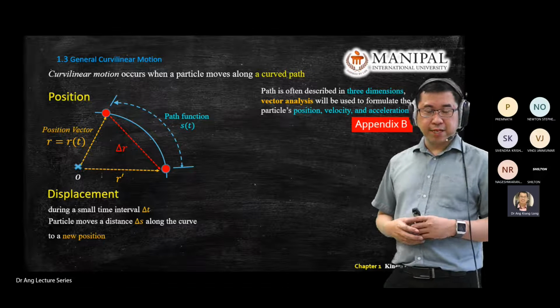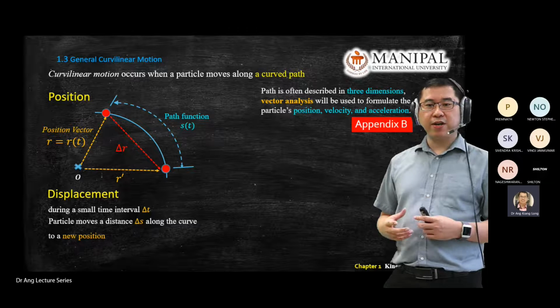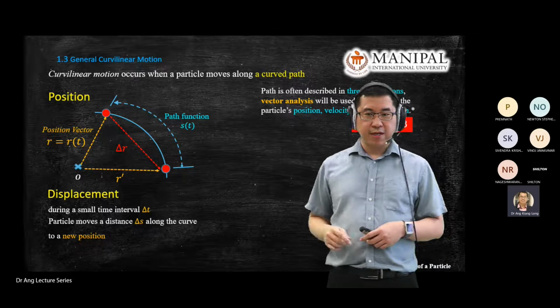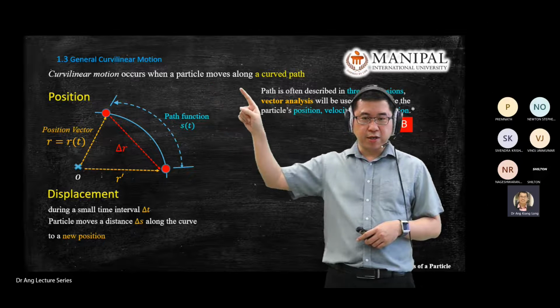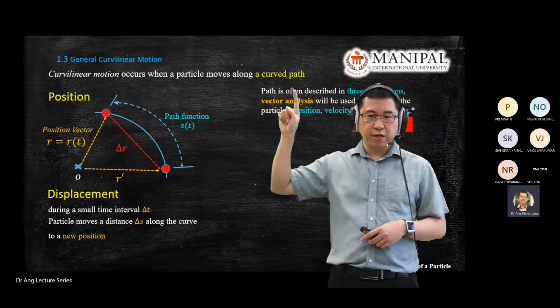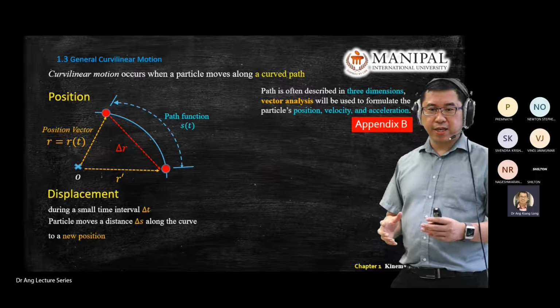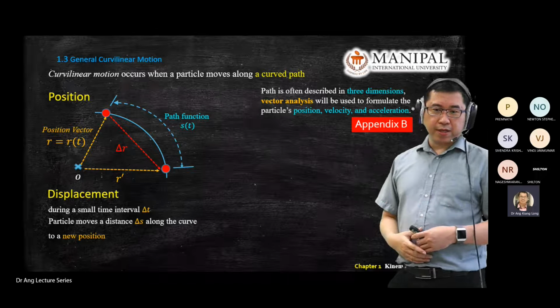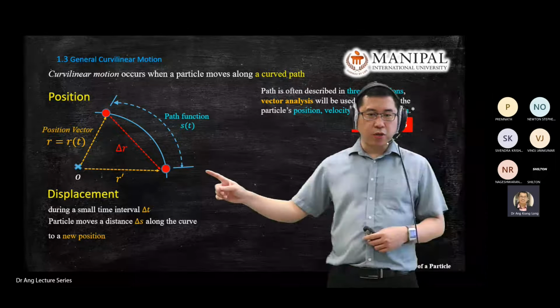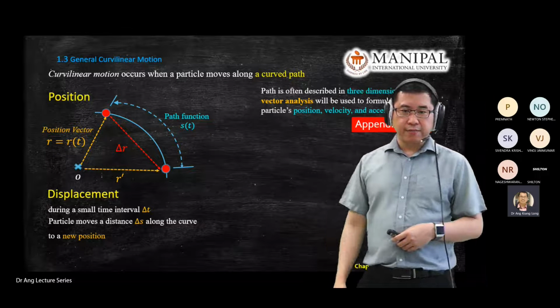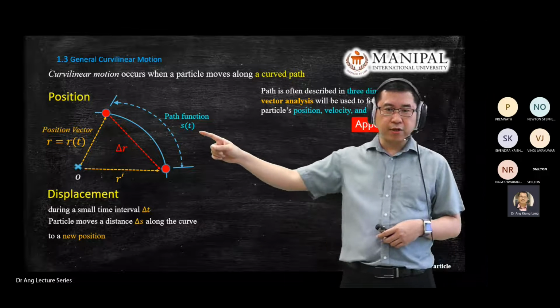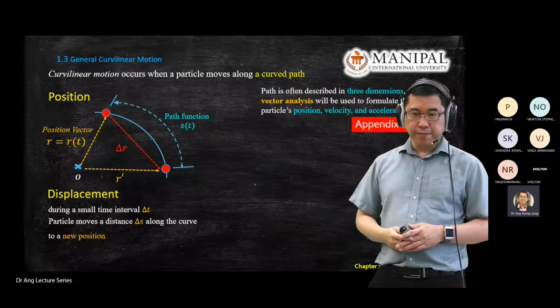Just ask yourself, what is the difference between straight line movement and a curvilinear motion, or a particle moving in the curve path? What has been added in the formula? On this diagram, you know that r is added compared to the linear. Linear, you only focus on s, right?